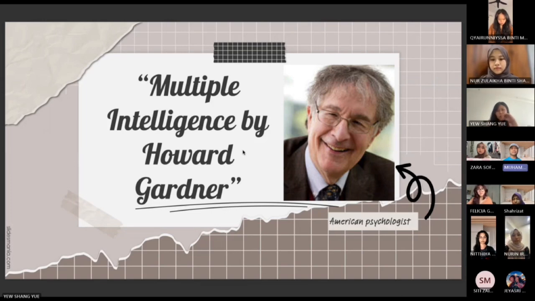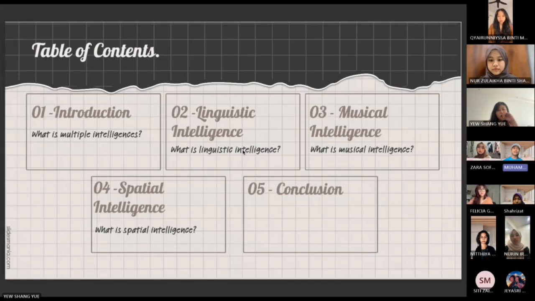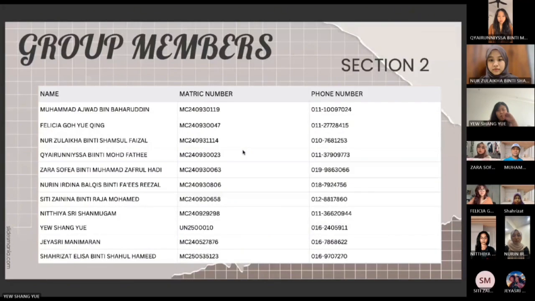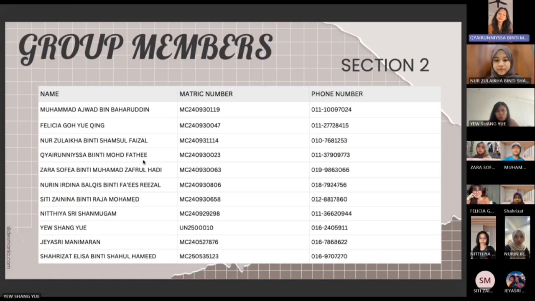Next slide, please. So here are the group members. It consists of 11 people, which is me, Muhammad Ajwad, me, Felicia, and I'm Zuleika. I'm Kyrisa.